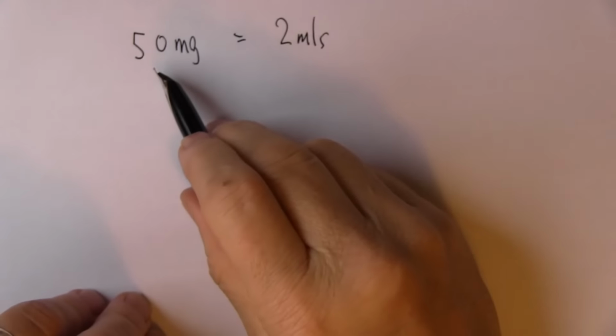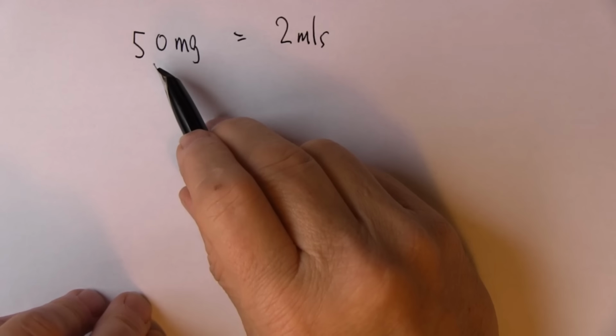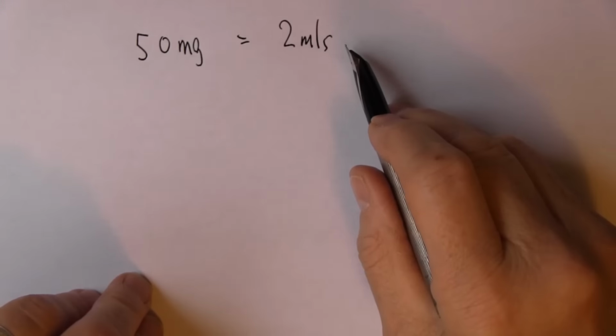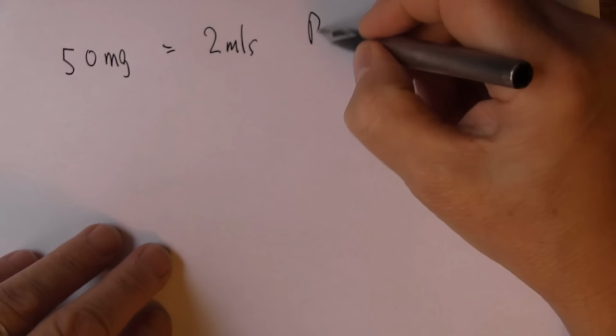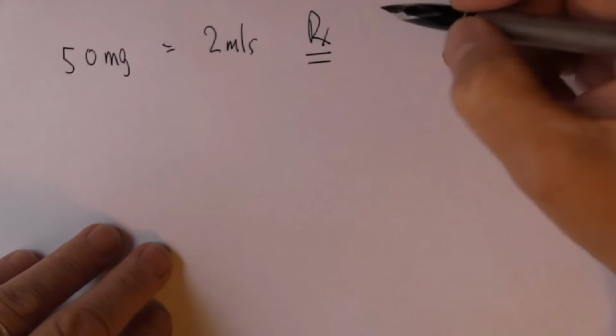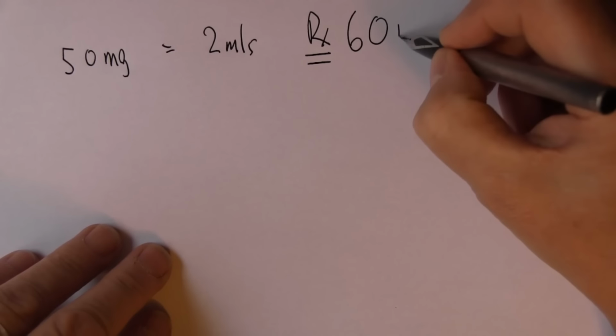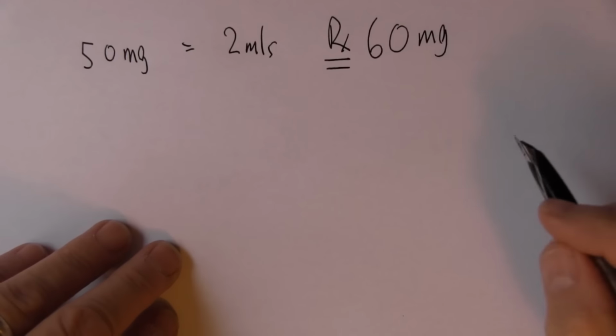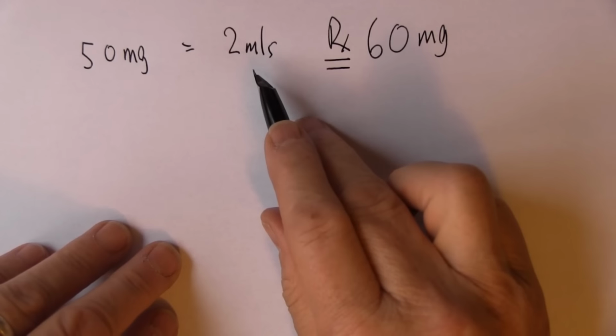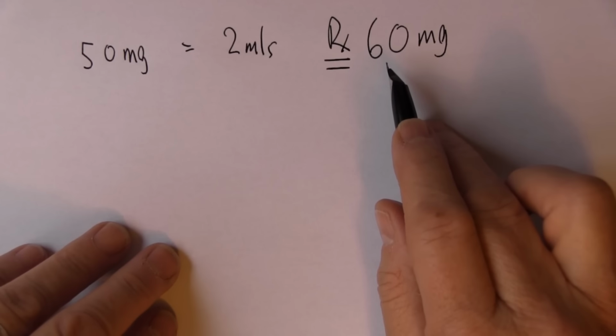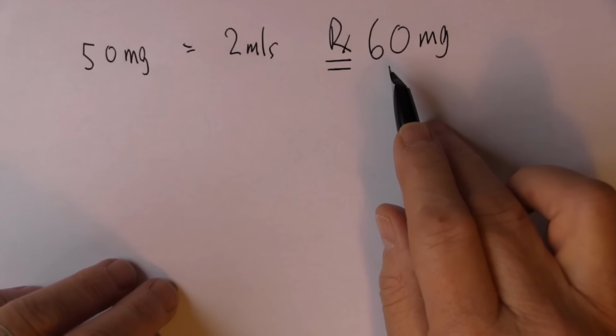Now what we know here is that there's 50 milligrams of Pethidine in 2 mils, but our patient's been prescribed 60 milligrams. So there's 50 milligrams in 2 mils, but I want 60 milligrams. So how am I going to work this out?